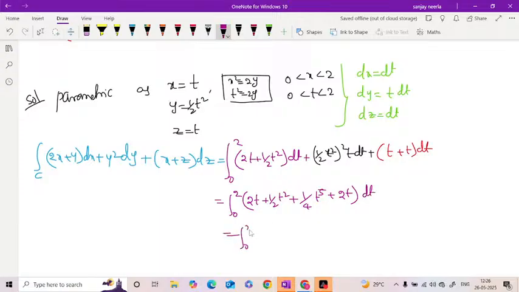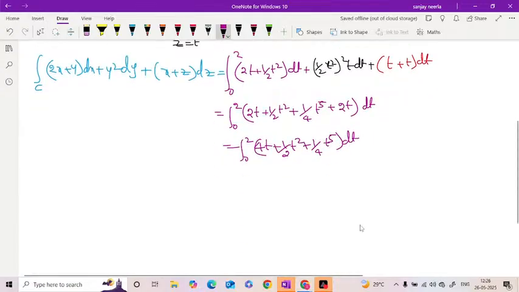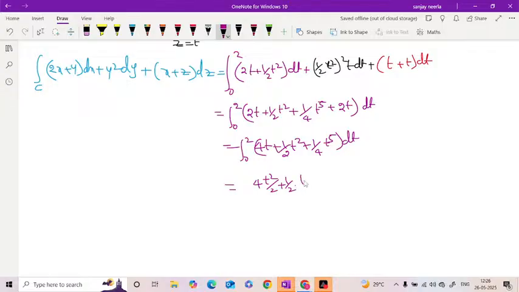So integral 0 to 2, 2t plus 2t it is the 4t, and 1 by 2 t square plus 1 by 4 t power 5 into dt. Now after doing the normal integration, the integration of this one is 4 into t square by 2, 1 by 2 into t cube by 3 plus 1 by 4 into t power 6 by 6.